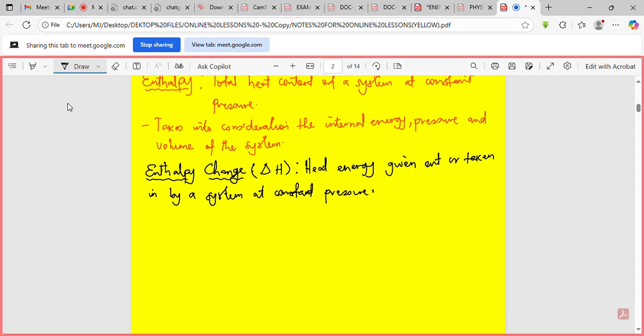That is what enthalpy change is. Heat that is taken in or given out at constant pressure.